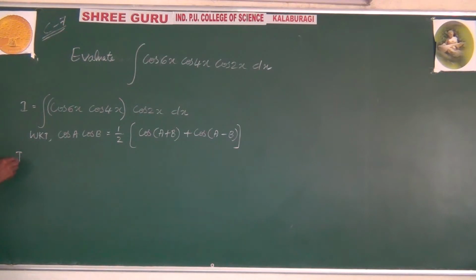So now I equals integration. These two terms, apply the formula cos A cos B = 1/2 [cos(A+B) + cos(A-B)].